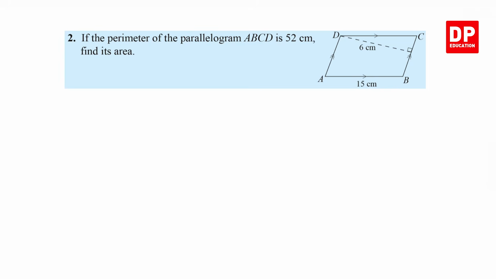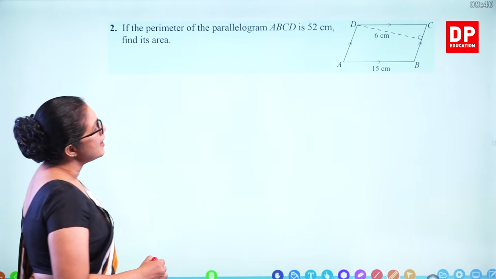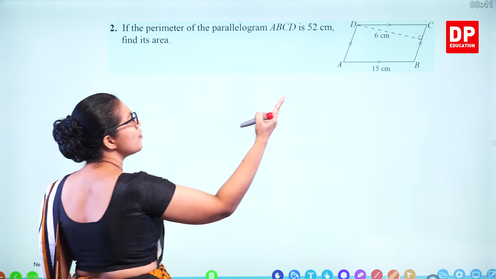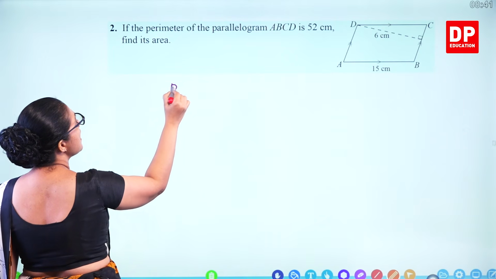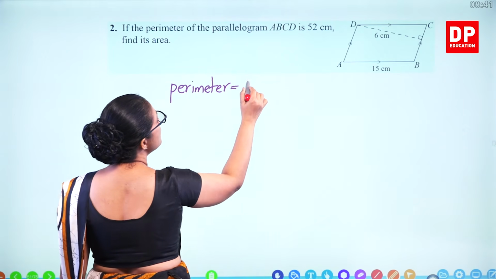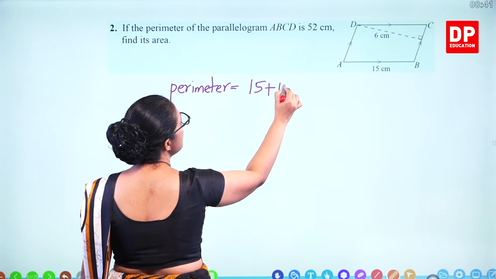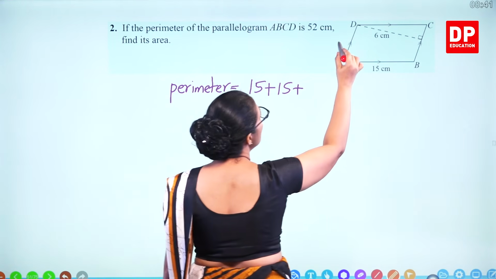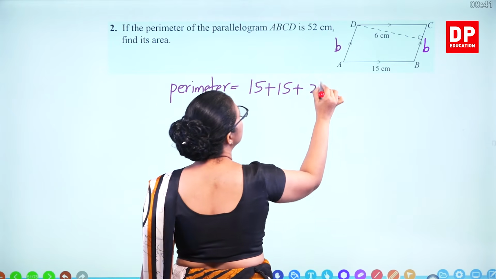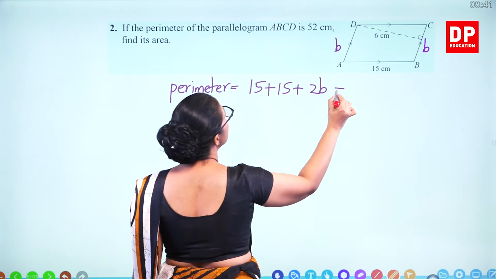Question number 2. If the perimeter of the parallelogram ABCD is 52 centimeters, find its area. So finding area now. One side is given, so you can find out the other side. So what's the perimeter there? 15 plus 15 plus, we don't know this length. We'll take B and this is 2B. That's given 52.